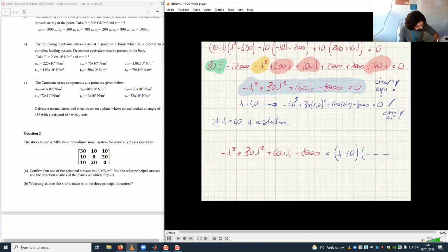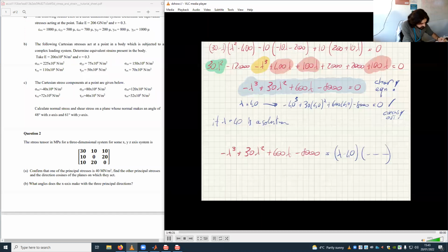I can find this something by dividing this one by lambda minus 40. Remember the minus here. The solution is 40, but you divide by lambda minus 40, because in the equation, lambda equals 40 is lambda minus 40 equals 0. Agreed? That's how it works.